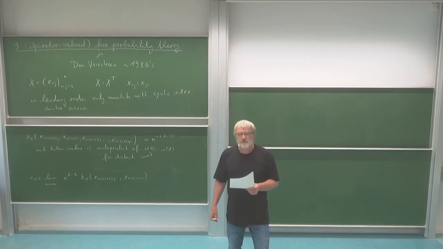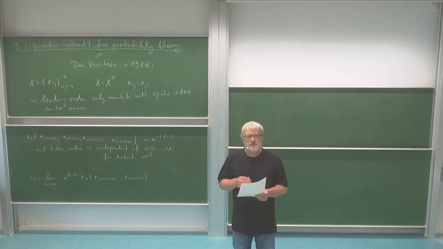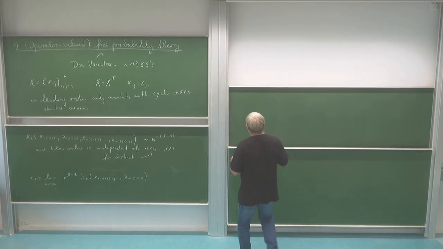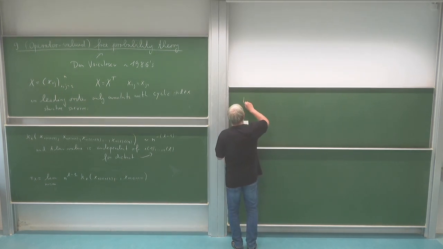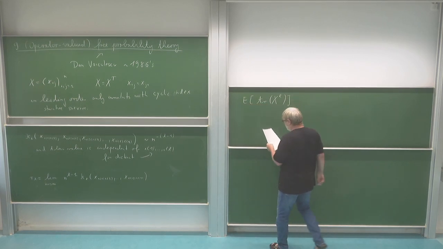And of course, the eigenvalue distribution of our matrix corresponds to knowing the moments of our matrix. And the moments are given by taking the expectation of a trace of a power of our matrix. So the nth moment of our matrix is the normalized trace of the nth power of the matrix, and then I average over the randomness.